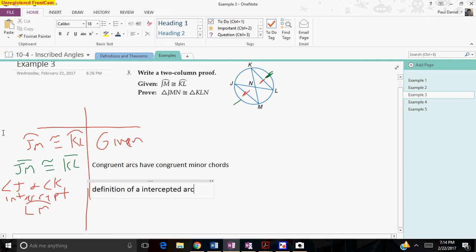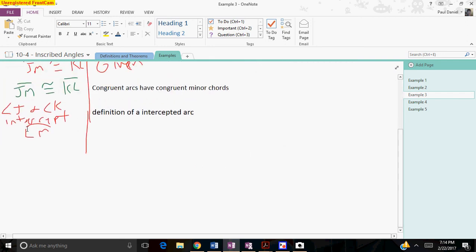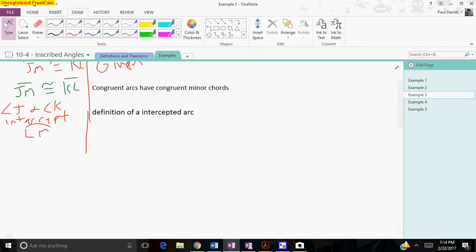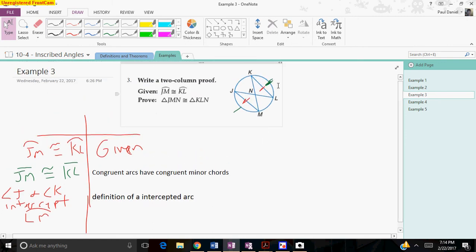Okay. In fact, I would have added into this on the same spot, but I kind of ran out of room here. Well, I guess I can scroll down. I would have added into that same spot that angles M and N, these two angles right here, also intercept arc JK.